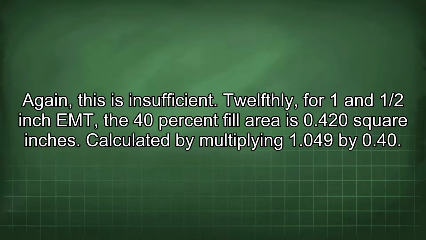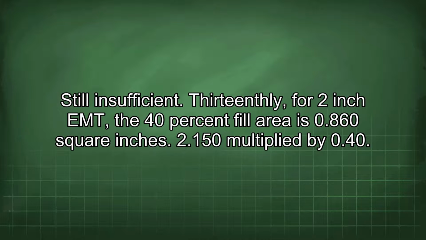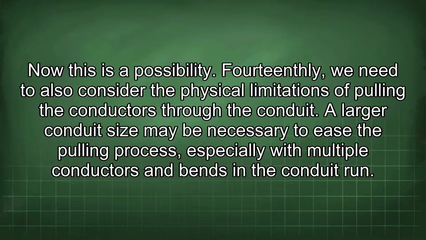Again, this is insufficient. 12thly, for 1 and 1/2 inch EMT, the 40% fill area is 0.420 square inches, calculated by multiplying 1.49 by 0.40. Still insufficient. 13thly, for 2 inch EMT, the 40% fill area is 0.860 square inches, 2.150 multiplied by 0.40. Now this is a possibility.